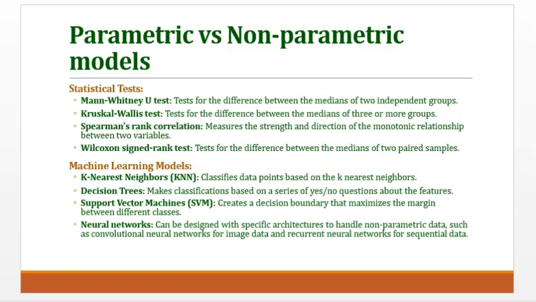A few statistical tests under non-parametric models are the Mann-Whitney U-test, the Kruskal-Wallis test, and the Wilcoxon signed-rank test.